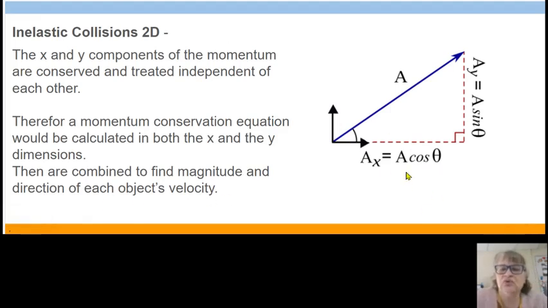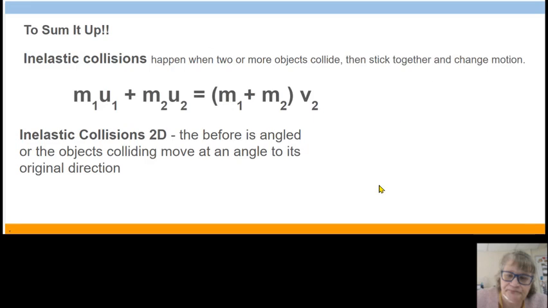So you're going to work to find the velocity, or whatever it is you're trying to find, in the x direction. You're going to work to try and find the velocity in the y direction, and then you're going to square those two, add them together, and then take the square root to get the ending velocity.